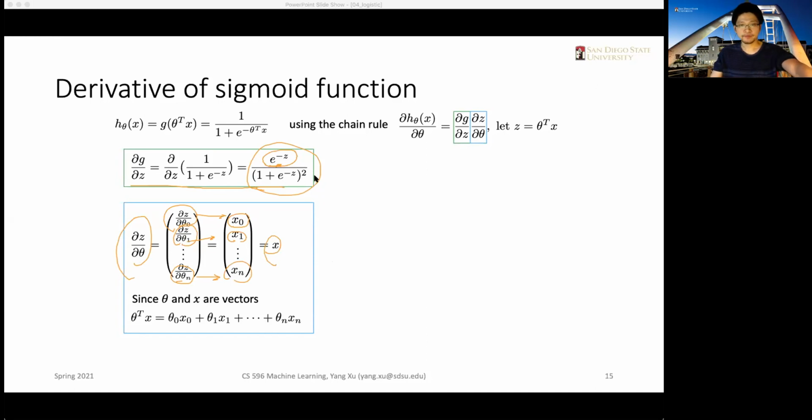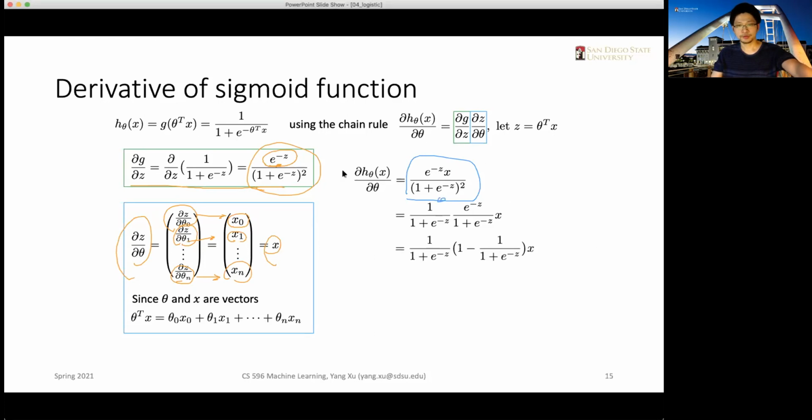So having these two parts solved, if we put them together, the form for this derivative is the product of the two, right? It's e to the power of negative z times x divided by this stuff, right?